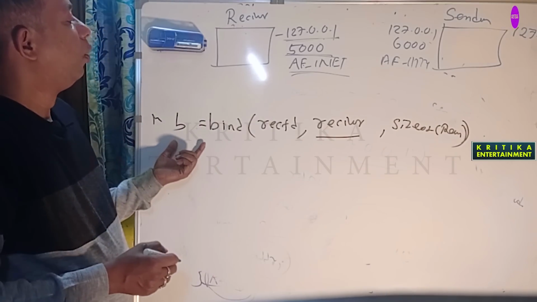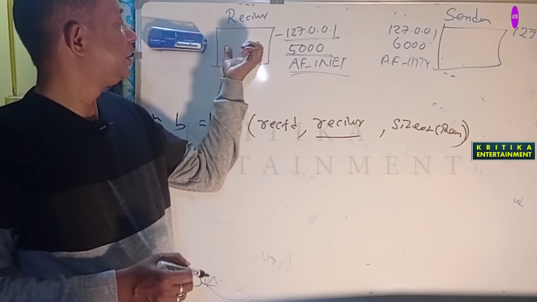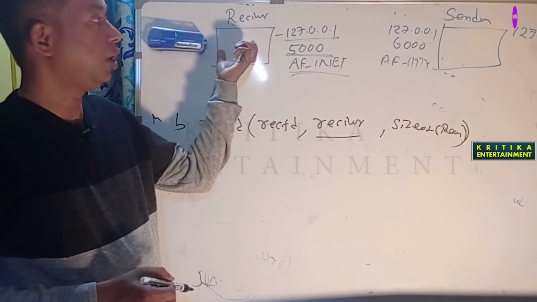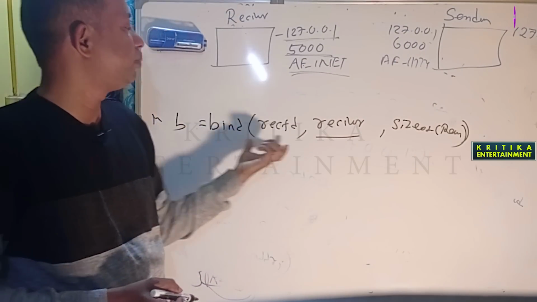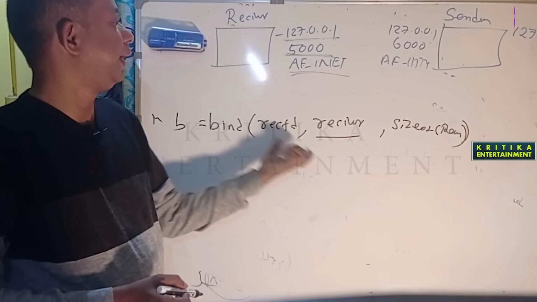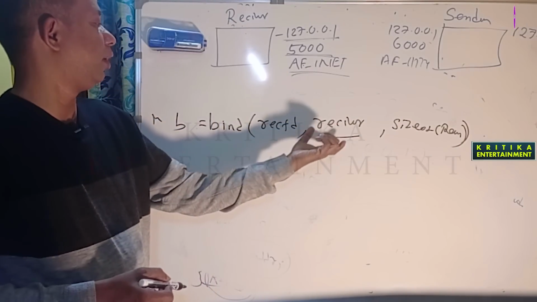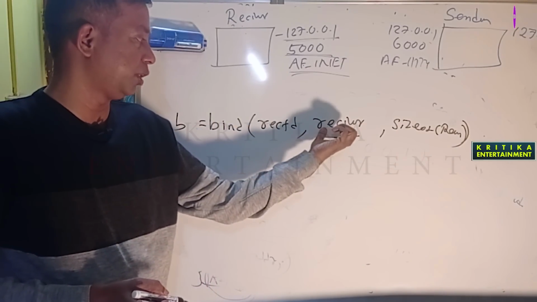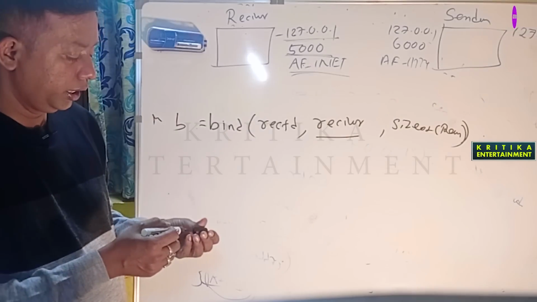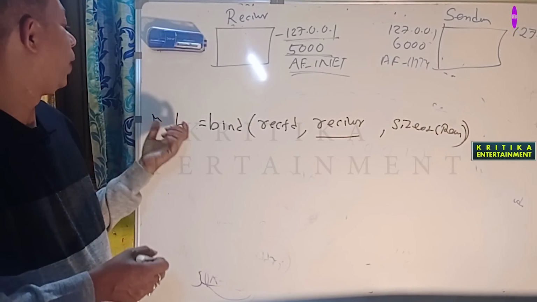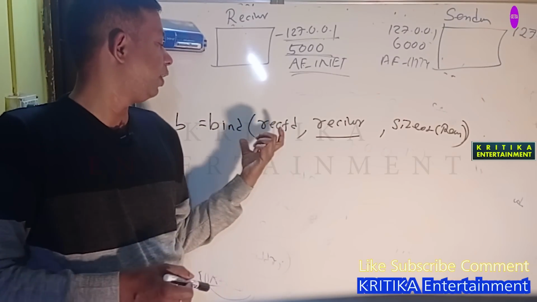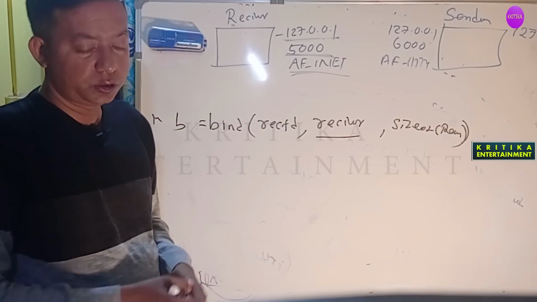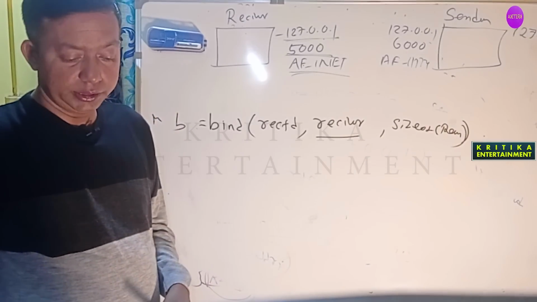This is the receiver. The receiver should run first so that the sender can send the message. So the receiver first makes a process, and here I declare the receiver structure variable. Then I check the return type of bind. How to write this?